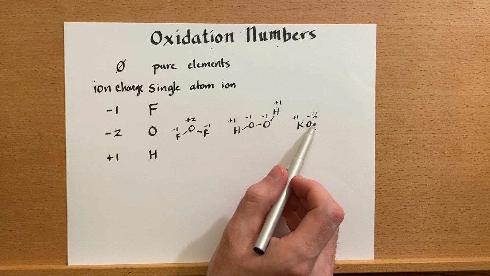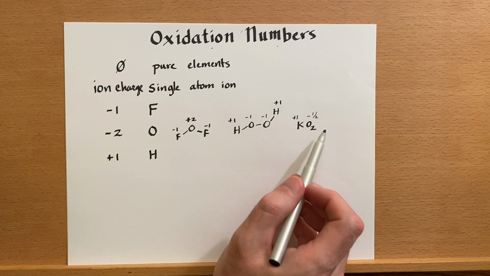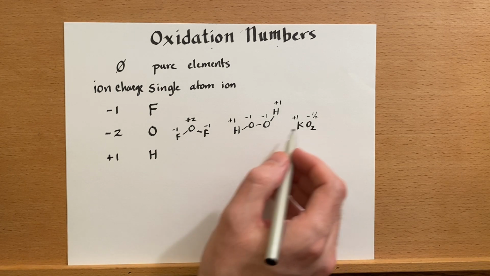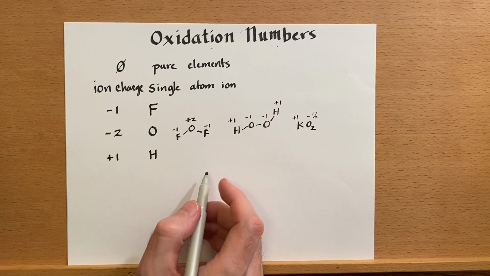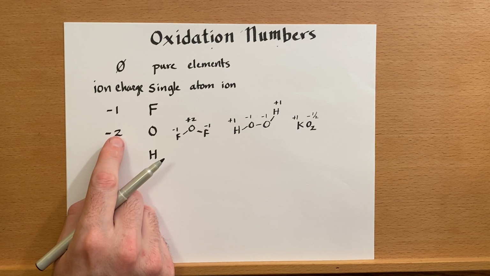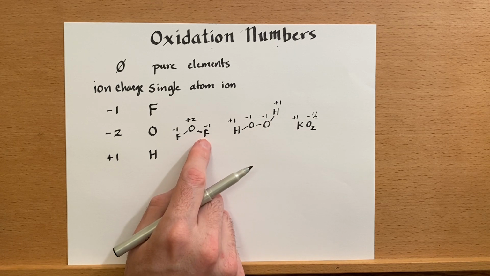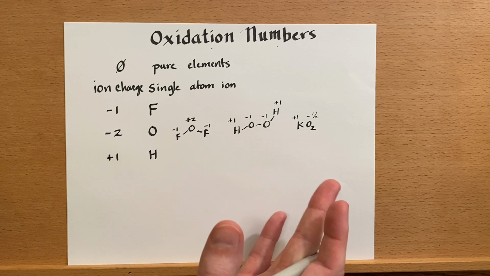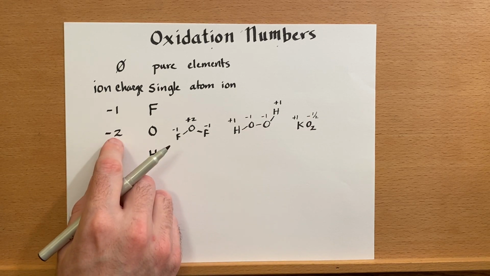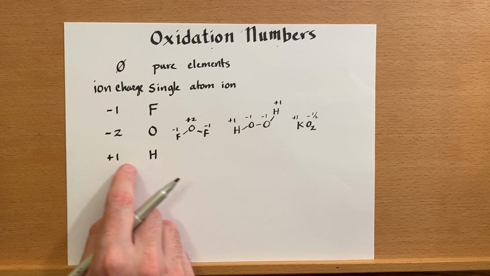It doesn't happen that often, but it is possible to have a fractional oxidation number. Okay, so that's some of the exceptions with oxygen, but remember again, most of the time it is -2, and only when there are additional oxygens around or fluorines, otherwise known as other electronegative elements, do we deviate from this being -2.